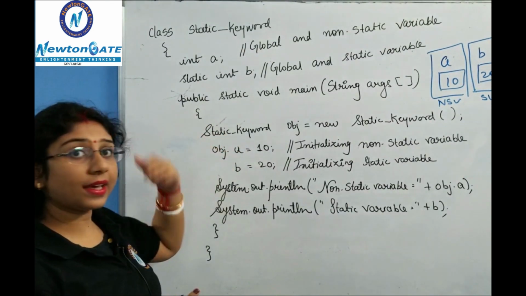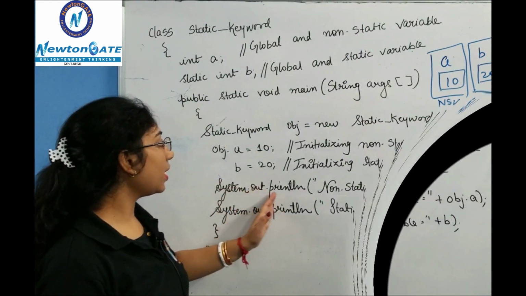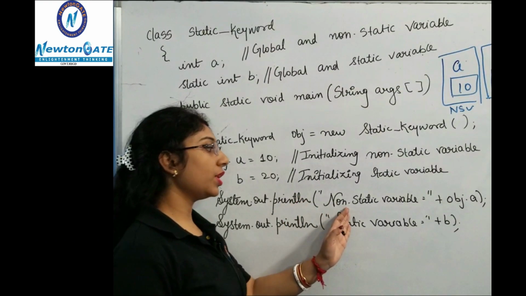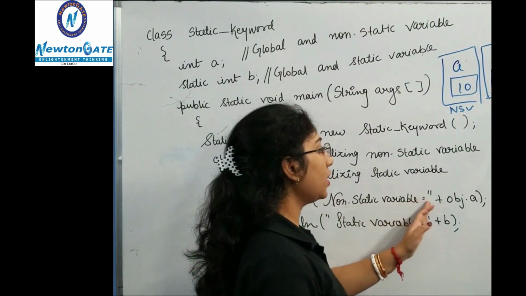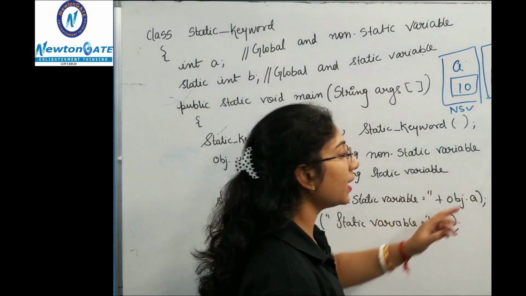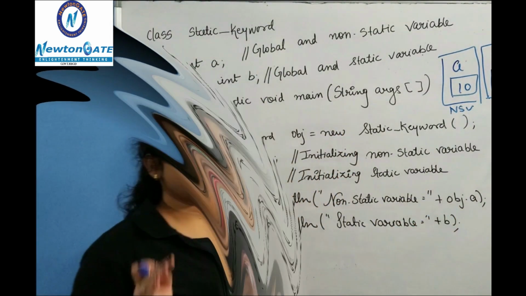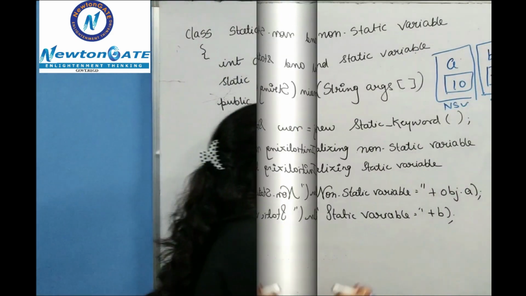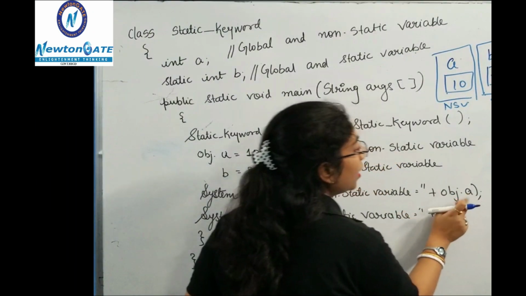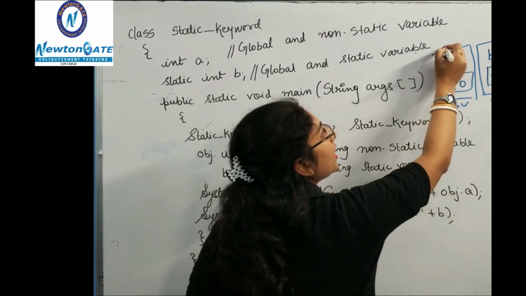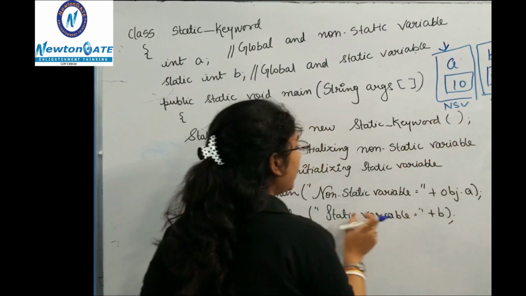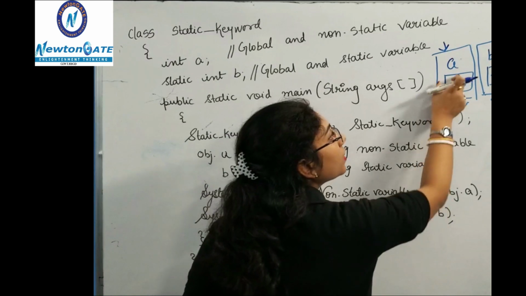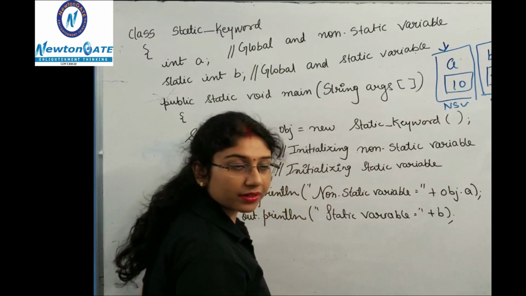Now how can we access them? System.out.println, inside double quotation marks I have written non-static variable equals, then obj.a. Why? Because for accessing a non-static variable I will need an object. So it will access the value of a and print non-static variable equals 10.